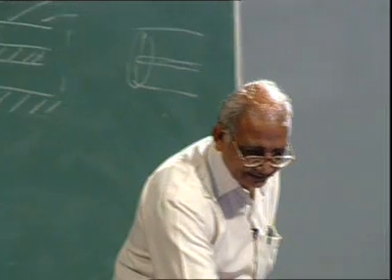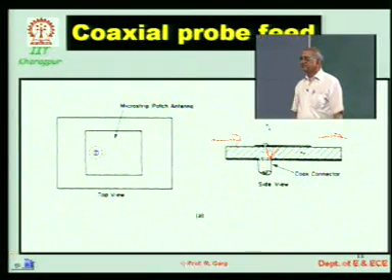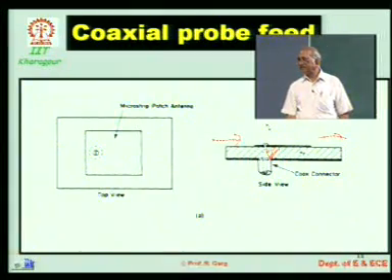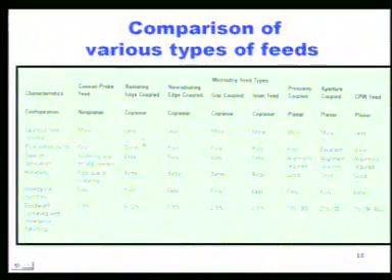Whereas the patch antenna is supposed to give polarization like this, but this is going to give this type of polarization, and that is how the polarization purity gets compromised over here. The polarization purity is poor, but for the radiating edge coupled there is no problem as such, whereas again the polarization in all of these cases gets compromised, but not in the aperture coupled type.